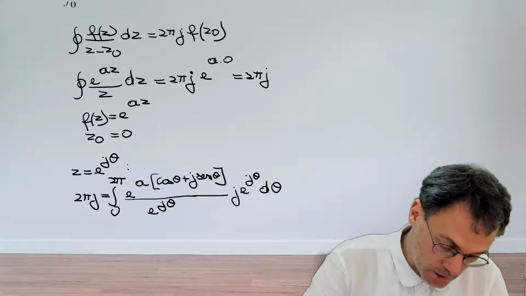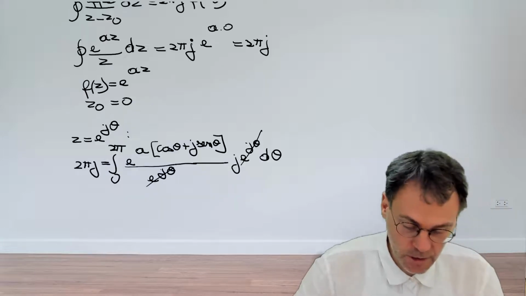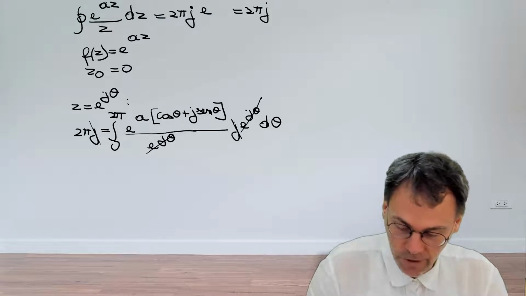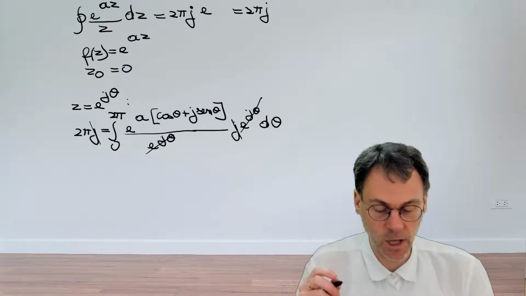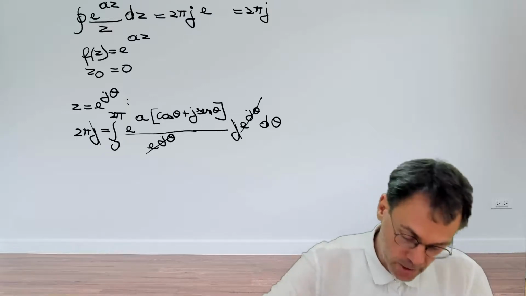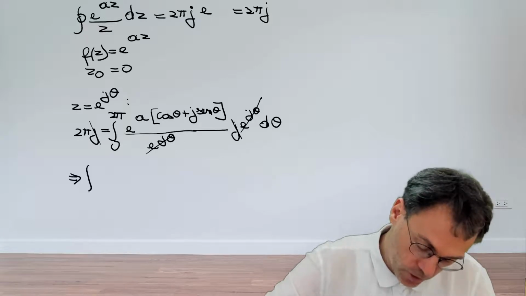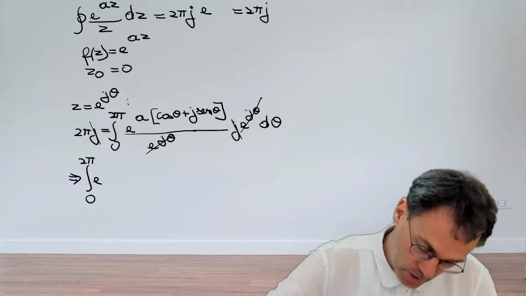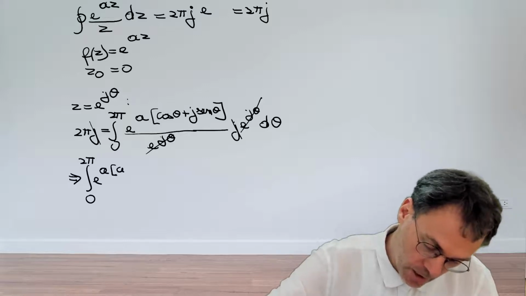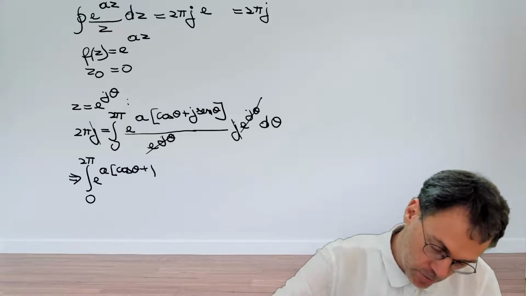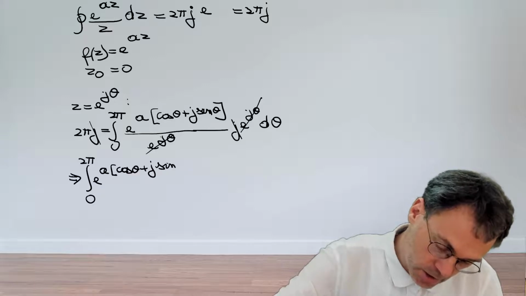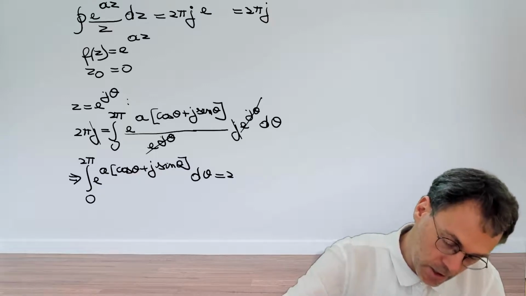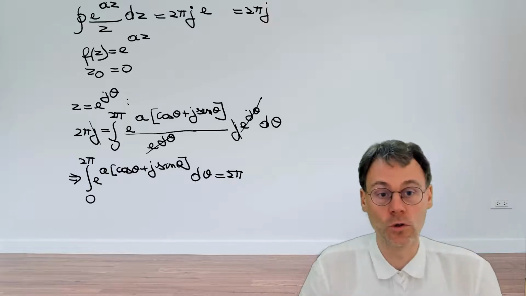Good news is that this exponential j theta cancels. Another thing that cancels is the j here in the left-hand side and the right-hand side. So if we summarize this, we have shown so far that the integral from 0 to 2 pi of e to the power of a cosine theta plus j sine of theta d theta is equal to 2 pi.